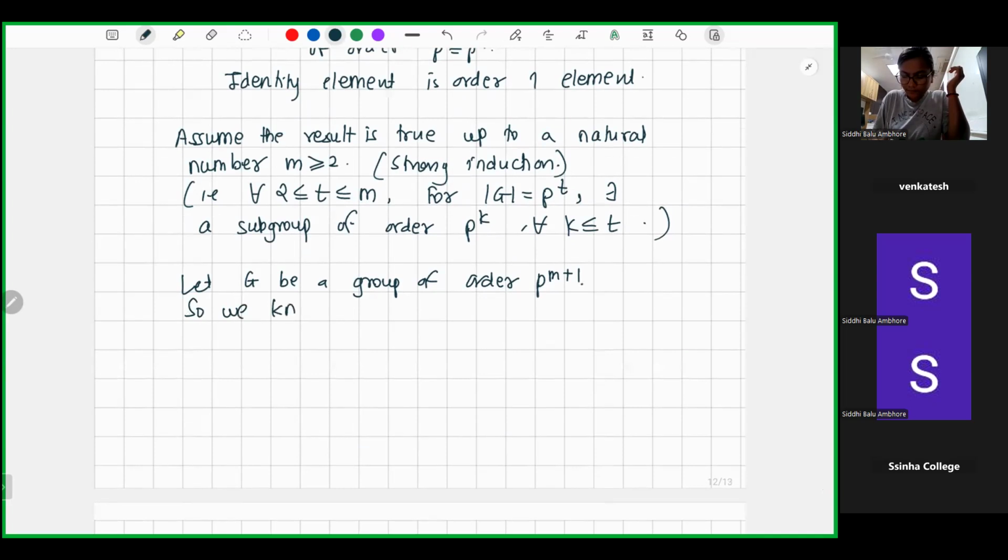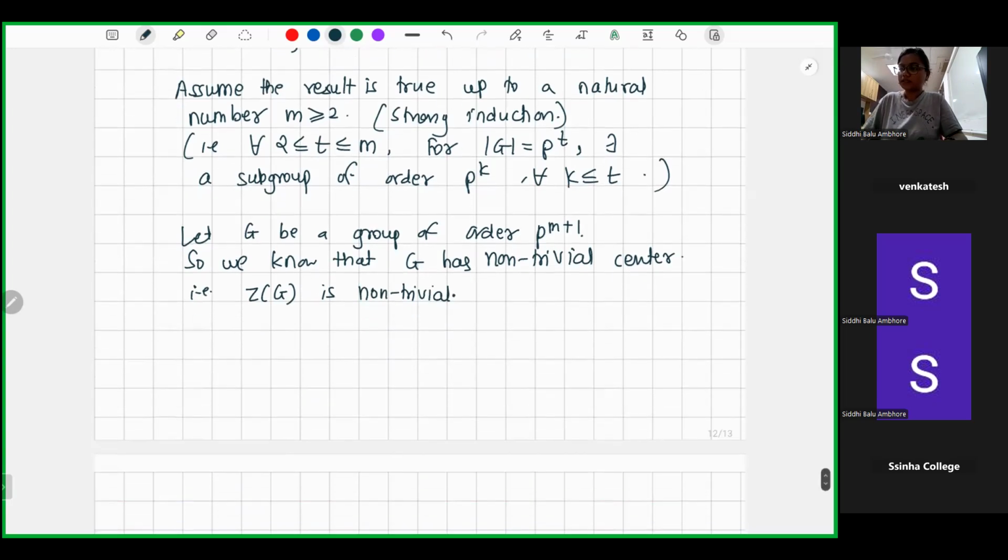So we know that G has a non-trivial subgroup, right? This is anyway true for any group of order p^(n+1). So G has a non-trivial center, that is, Z(G) is non-trivial.